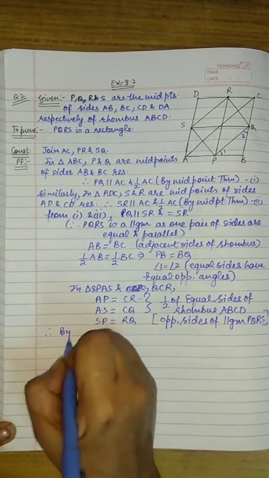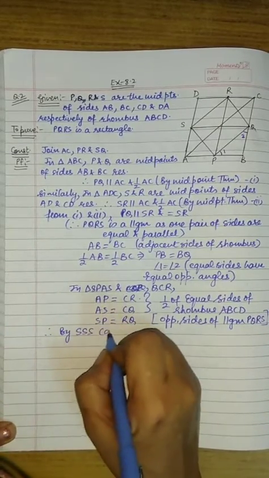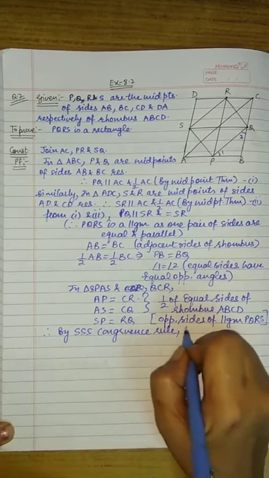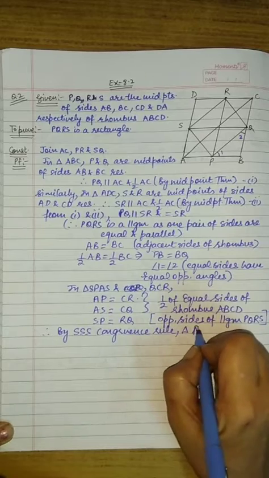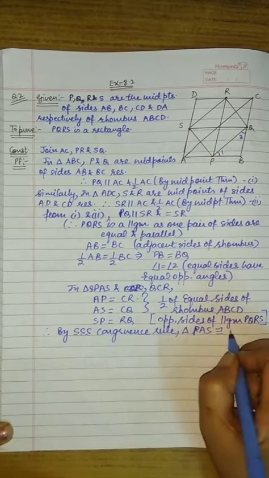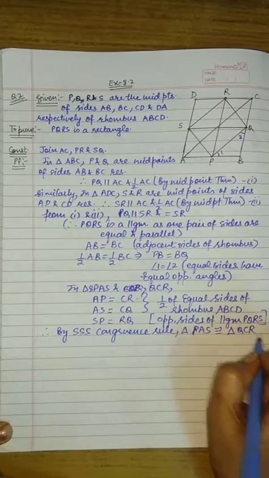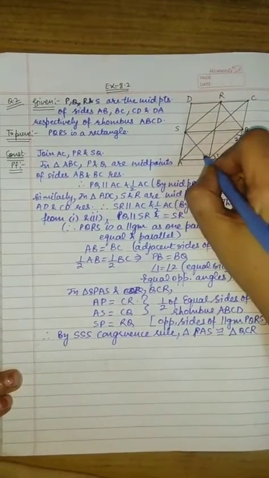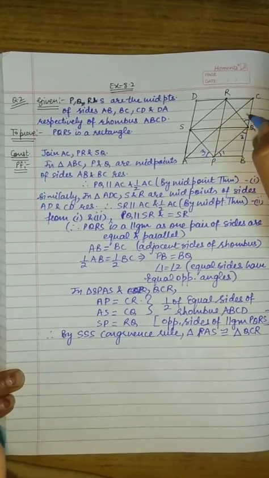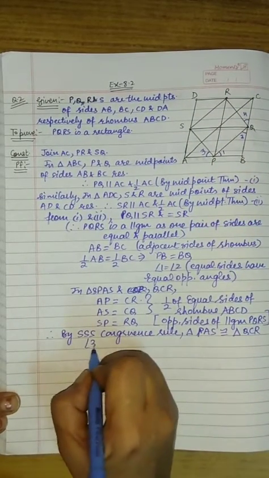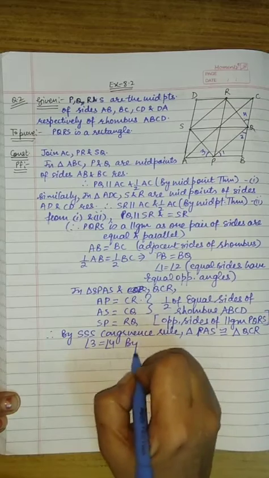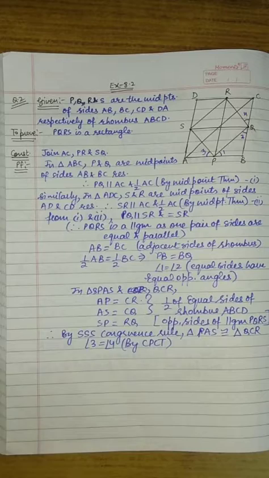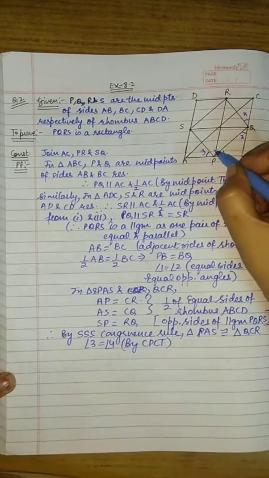Therefore, by side congruence rule, triangle PAS is congruent to triangle QCR. Now, if both these triangles are congruent, then we can say angle 3 is equal to angle 4 by CPCT.